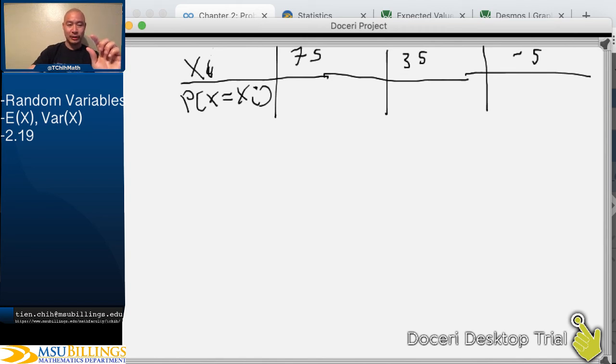And out of those 52 cards, 13 are hearts. And so 13 over 52 is the chance that I draw one heart. So 1/4 of the time, or 13 out of 52, I'm going to get a heart.